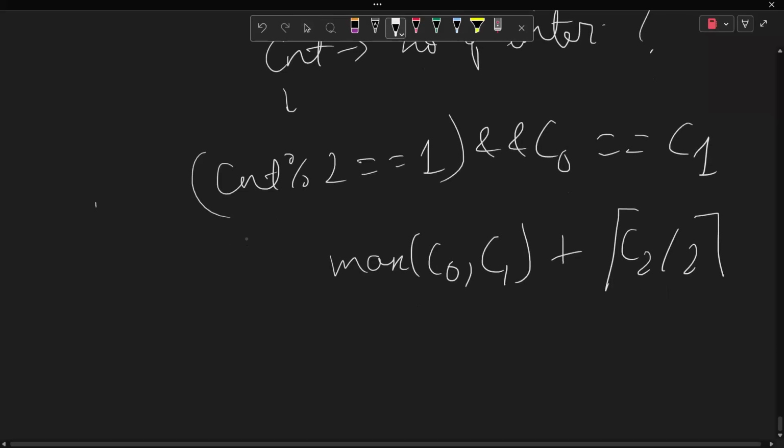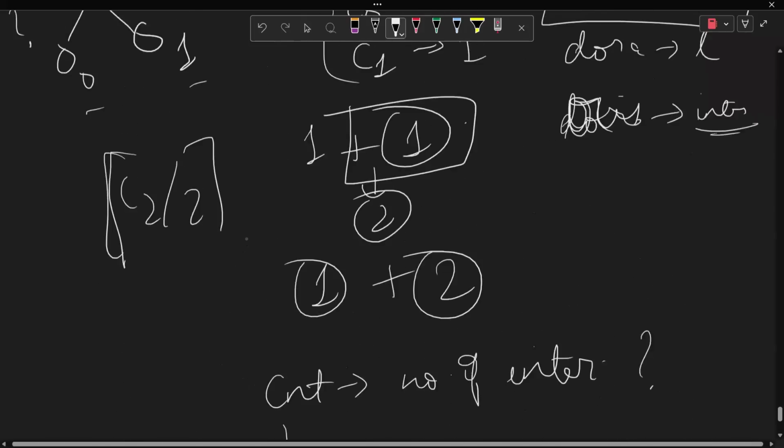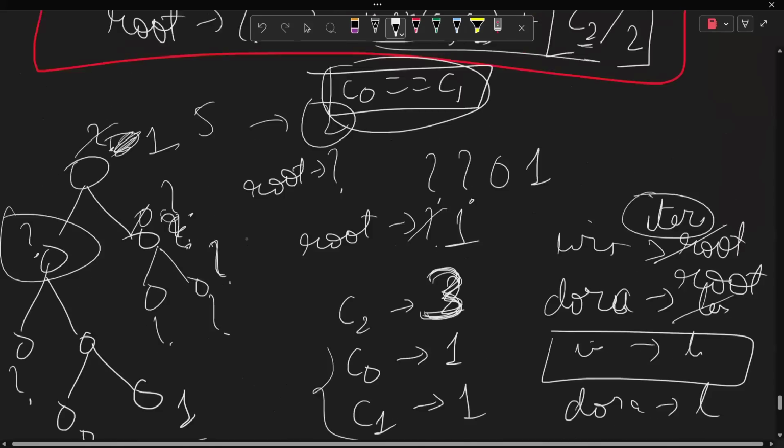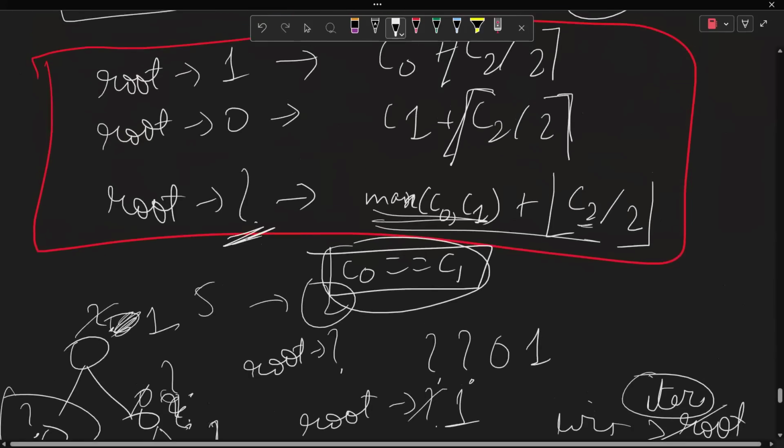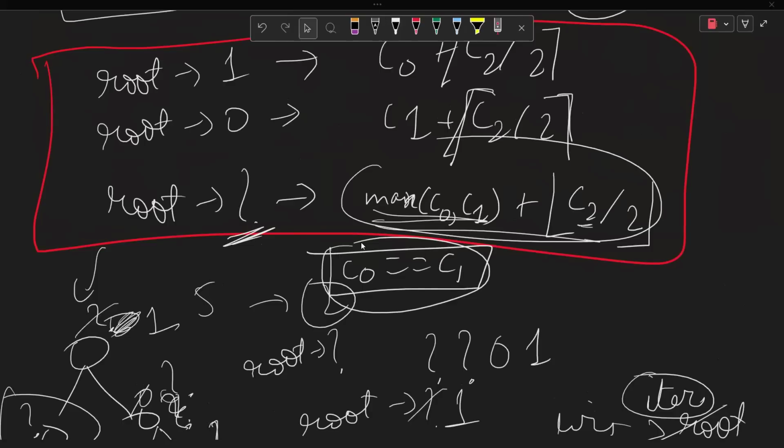So this small edge case you need to handle in your final answer when the root is a question mark. So if the root is a question mark, just check that condition that I wrote there, else this. So it is ceil or floor that we have to check. I hope the logic is clear, so we can look at the code.